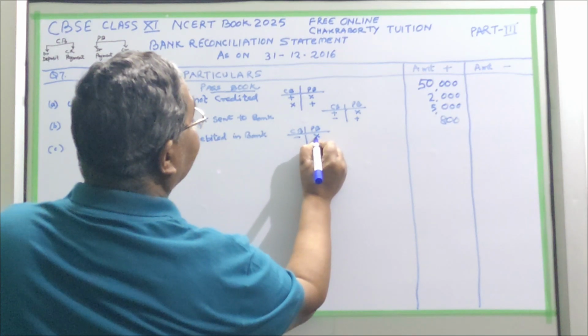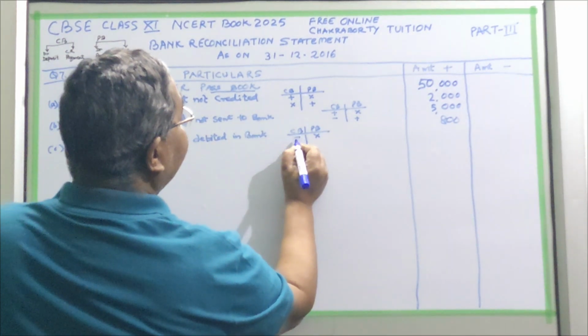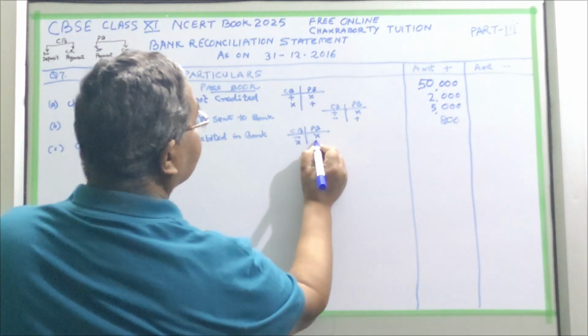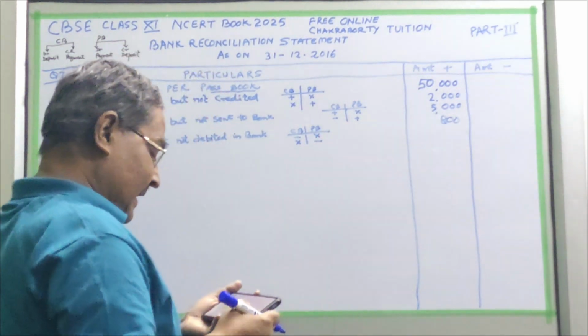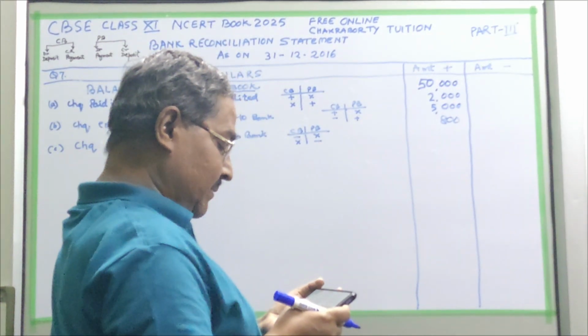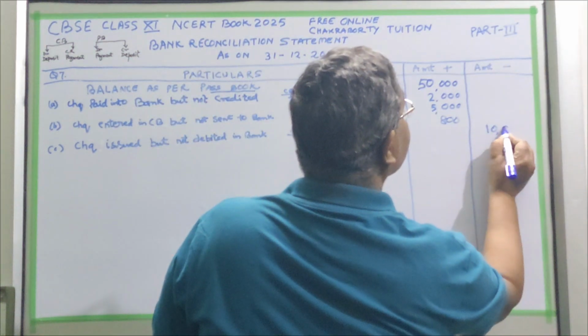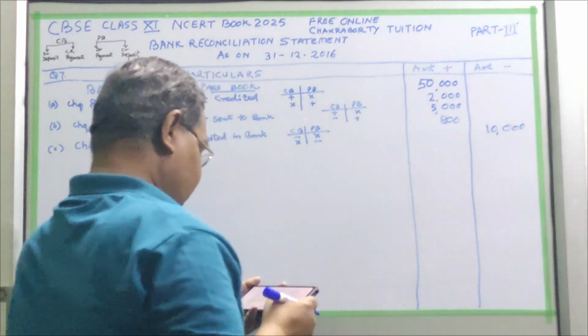The bank is not aware, so the bank has not done anything. You cannot touch the cash book because it is as per passbook, so here it is minus. In the statement it will be written in the minus column. So 10,000.